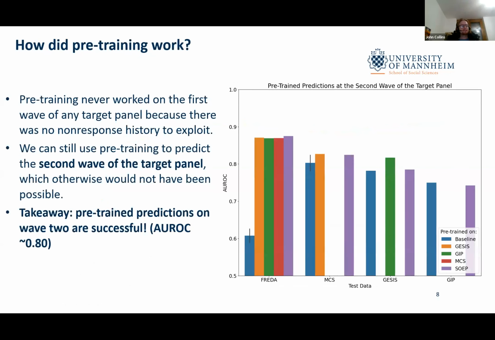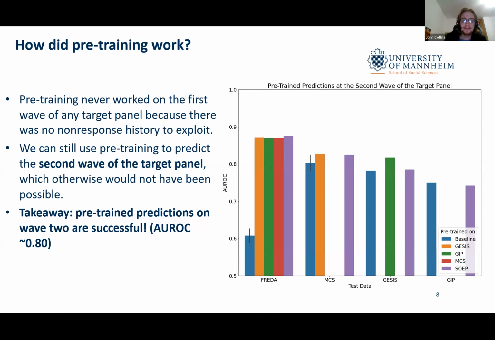And we see this pattern consistently across applications. Any time that we have a pairing of models where one came before the other, so we can do pre-training across our 5 panels, we did this. We consistently found that the first wave wasn't very successful, but the second wave, which couldn't have been done as early otherwise without pre-training, was very successful.